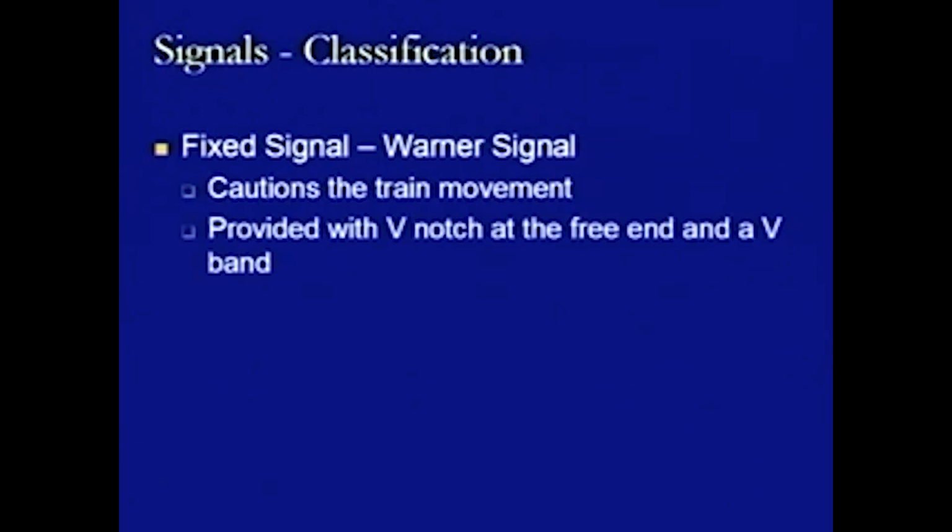Now, we come to the another type of a fixed signal, that is termed as Warner signal. This Warner signal, as we have seen, defines the caution of the train movement, and in this case there is some difference in the movable arm which is provided in the Warner signal, and this difference is that it is provided with V notch at the free end, and with respect to this V notch a V band is provided.